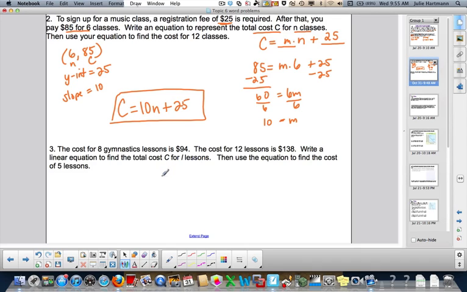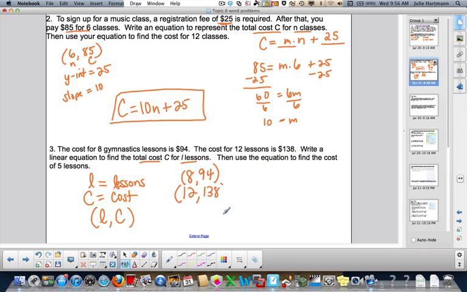So, pretty much here, you're given 2 points. Okay, so now we have 2 points given to us. We have 8 lessons for $94, and we have 12 lessons for $138. What do we do? How do we write an equation when we're given 2 points? Well, step 1, we find the slope.